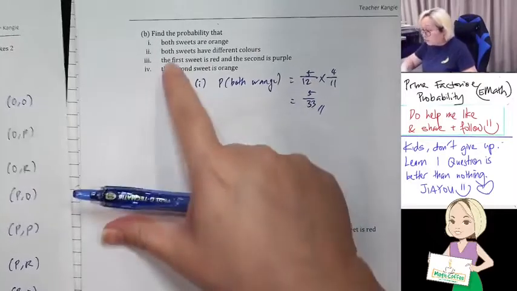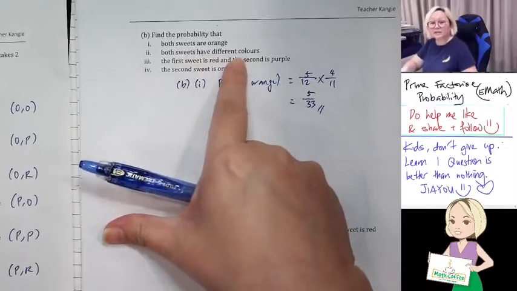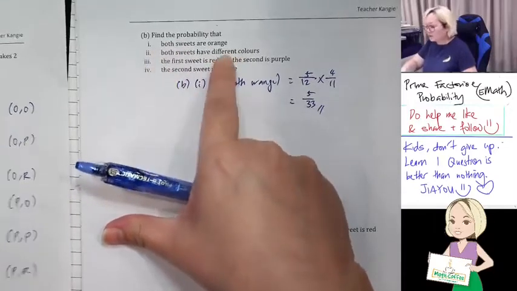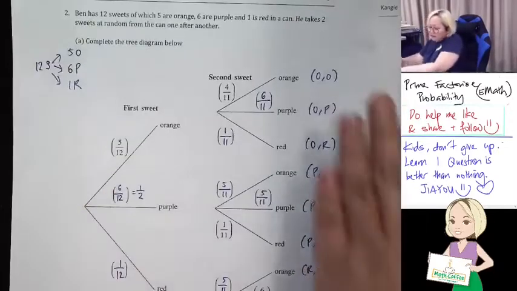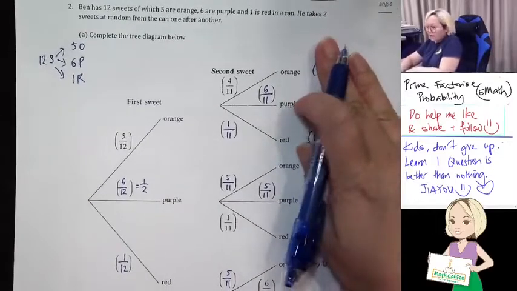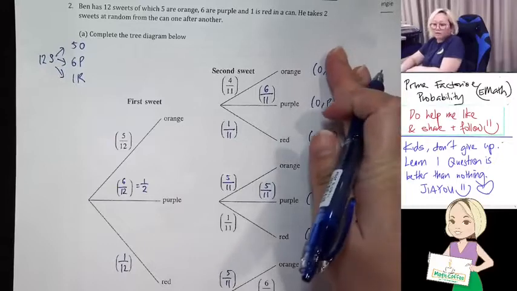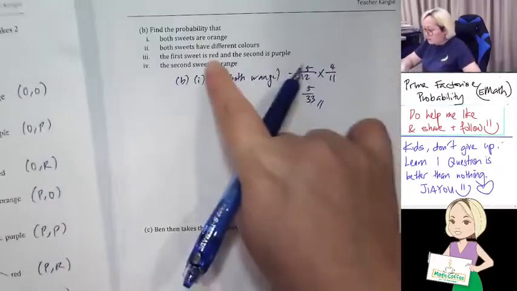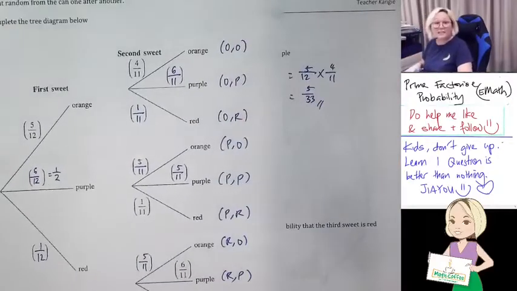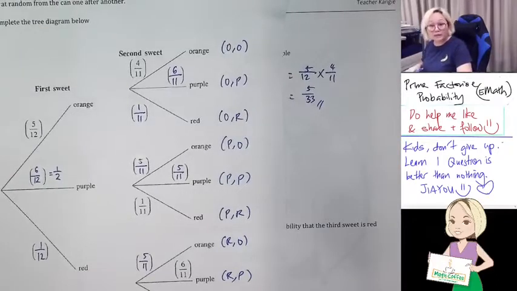They say both sweets have different colors. When they ask this kind of question, if I never wrote this at the side just now, looking at this whole thing would be very messy. I cannot see what is different colors. But now, as long as the letters are different, it means different color. Agree?